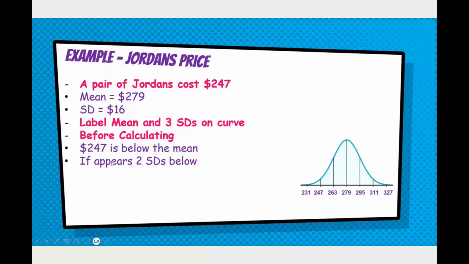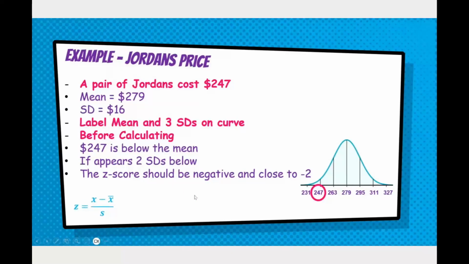It appears to be exactly two standard deviations below the mean, so this one fits evenly, not like the last example. Because it's below and exactly 2, my z-score should be -2 when I calculate it.